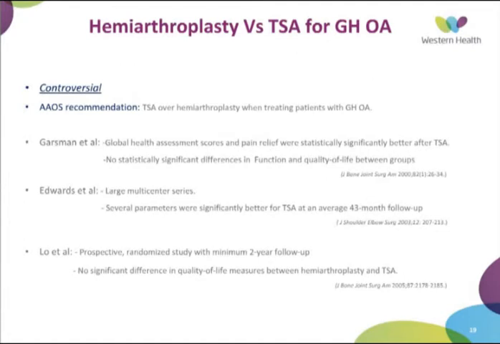On the other side, there was a prospective randomized study with 2 years follow-up published in JBJS American that shows no significant difference in quality of life measurements between the two options. Again, there are two recent papers published in JBJS in 2011 and 2012. One of them shows that the quality of life measures are the same in both, but another one from the same period argues against that and says TSA is a much better option to be used.